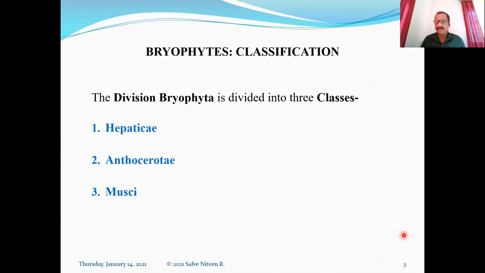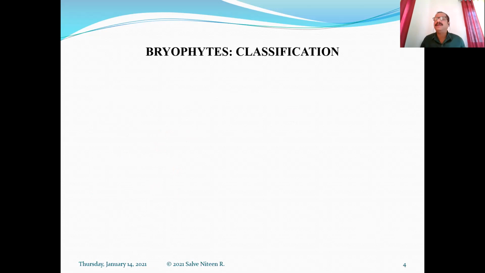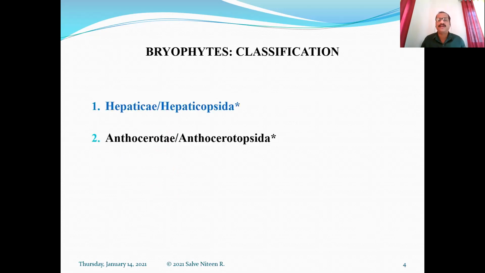The class Hepaticae is also called Hepaticopsida, Anthocerotae is called Anthocerotopsida, and Musci is called Bryopsida.